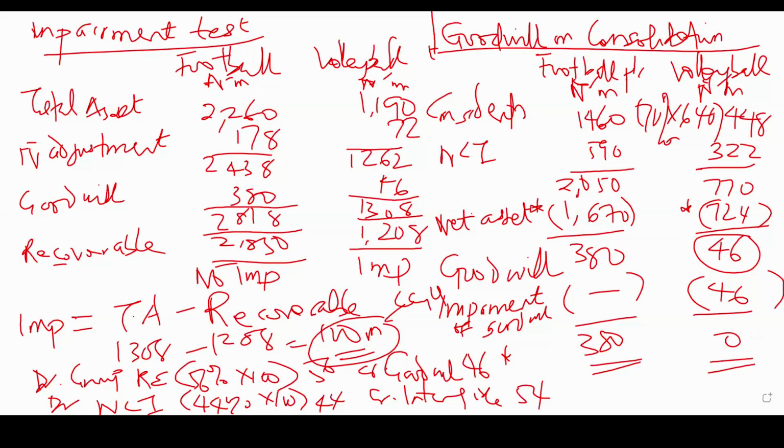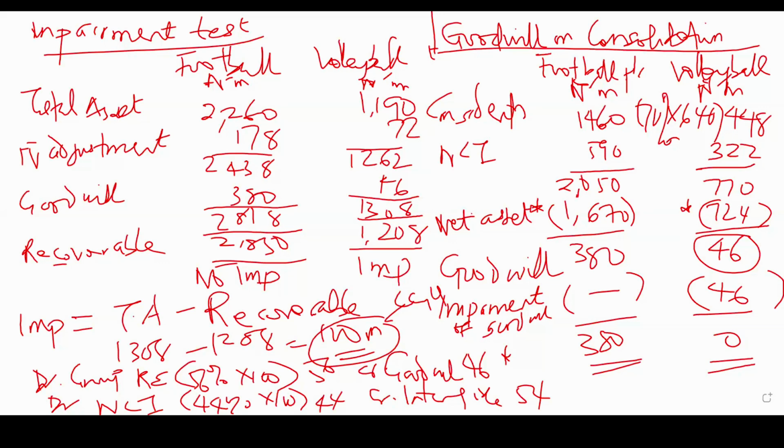Your explanation, I got it that we will allocate it to goodwill first. So the 46 would offset. So the remaining one, you said we'll take it to intangible assets. Yes. So from there, I'm now saying that for the debit side, you know, it's a loss.